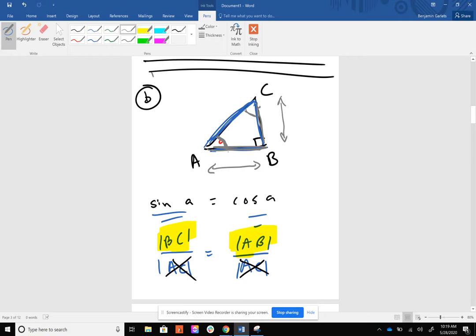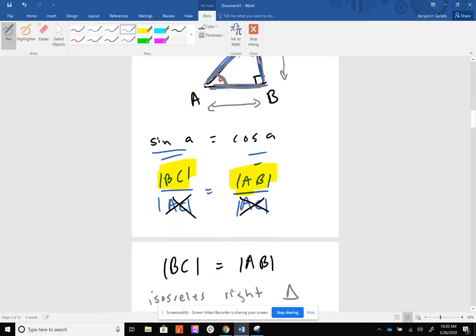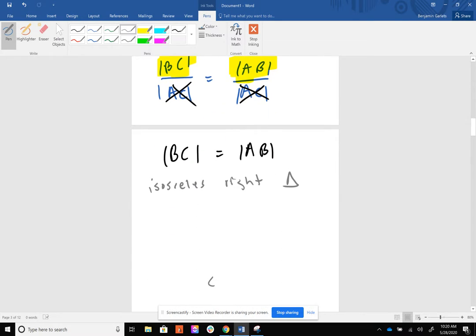And that's something we learned way long ago. So if the angles are congruent, that means angle A plus angle C must add up to 90. So two numbers that are the same that add up to 90 are going to be 45 degrees. So this triangle ends up being an isosceles right triangle where A is 45 degrees. I guess we could write that as the measure of angle A.